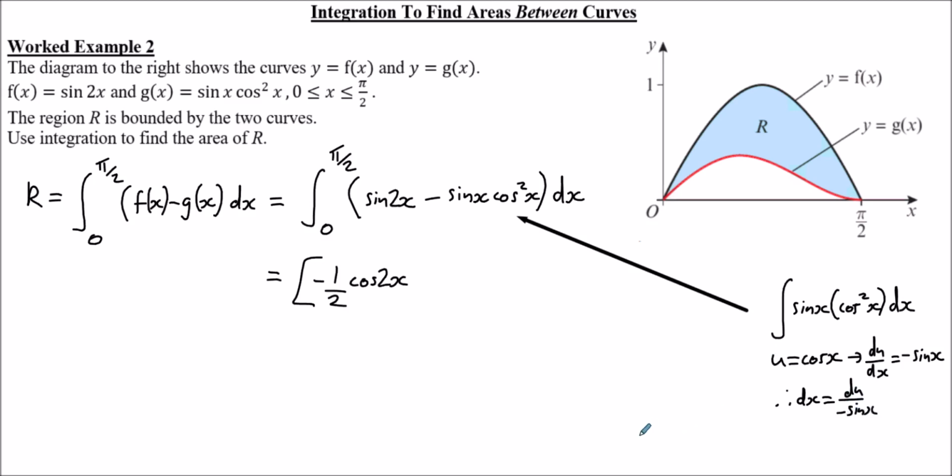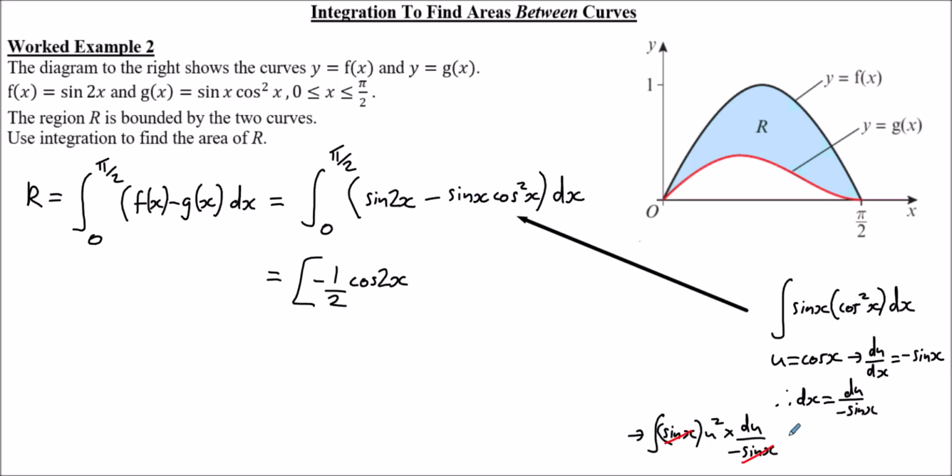So this integral is going to become sine x times u squared multiplied by du all over negative sine x. The sines, of course, will cancel on the top and the bottom.